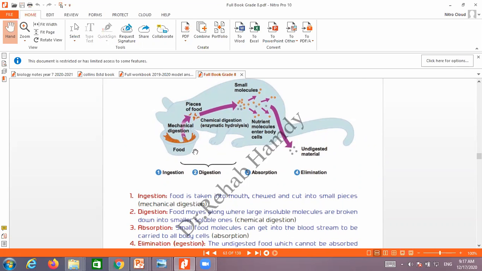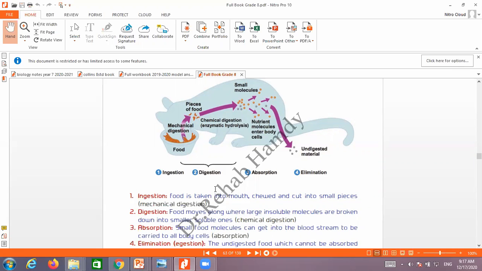There is also another type, the chemical one, by production of enzymes to change the complex food into simpler food, to be easily absorbed and reach the bloodstream.